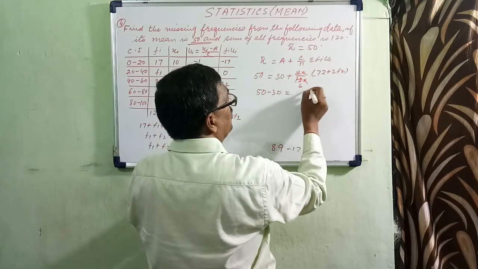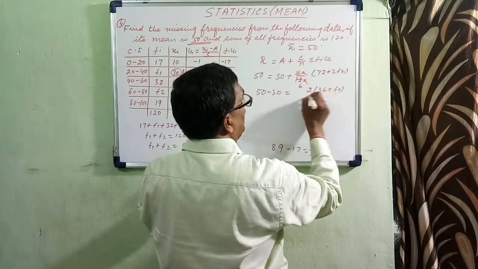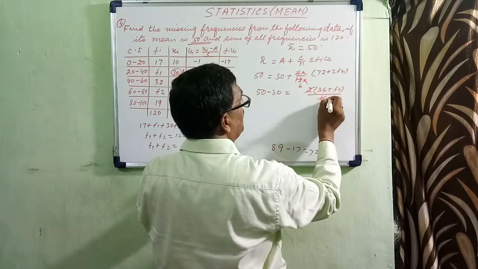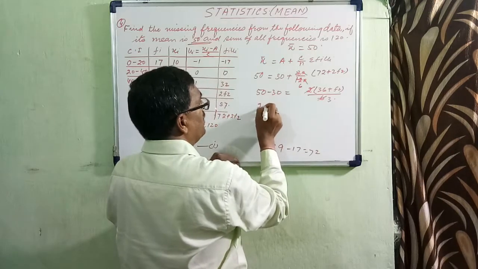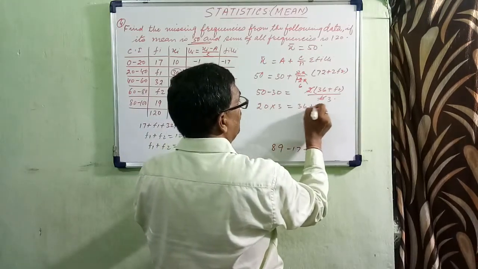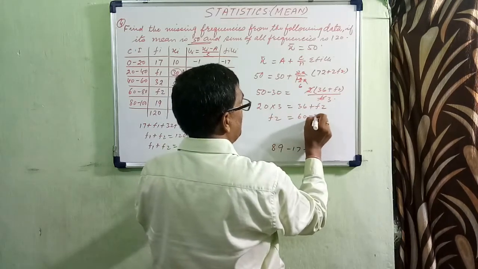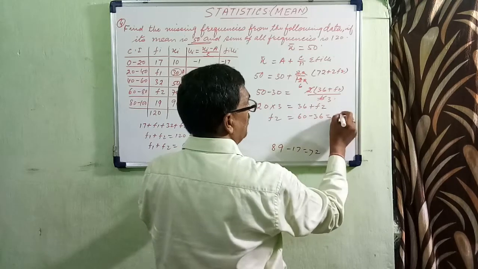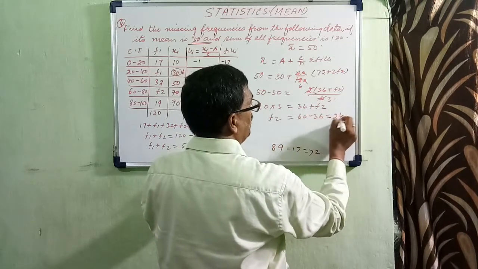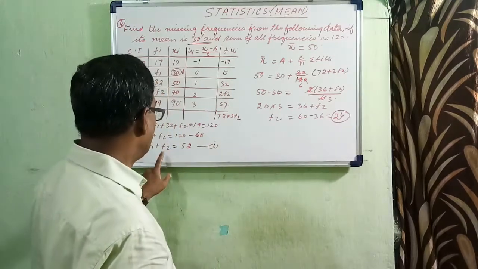So 2 is common, 36 plus F2 divided by 6, and so this will be 20 into 3 is equal to 36 plus F2, and so F2 is equal to 60 minus 36, which is 24. F2 you got 24.